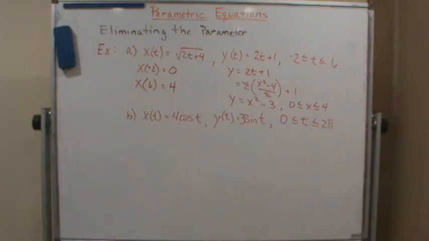Now, however, dividing the first equation by 4 and the second equation by 3 and suppressing the t gives us some equations that we might be able to work with.